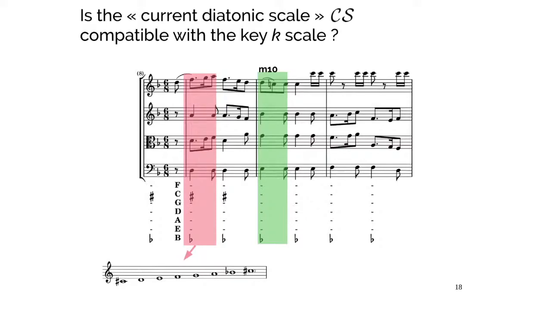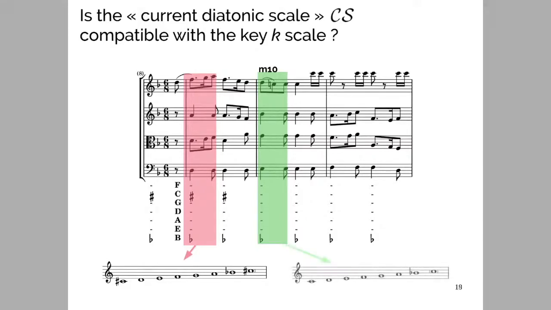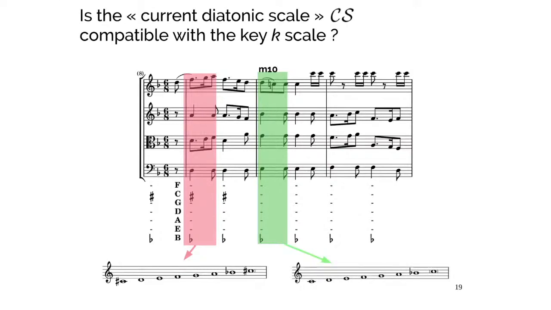Now look at the green box. Here we hear a natural C. Starting from here, the current scale has a natural C. The current scale becomes this. The idea of this current scale is that things move forward. Once you heard a pitch, you remember it and it plays a role in the tonality.